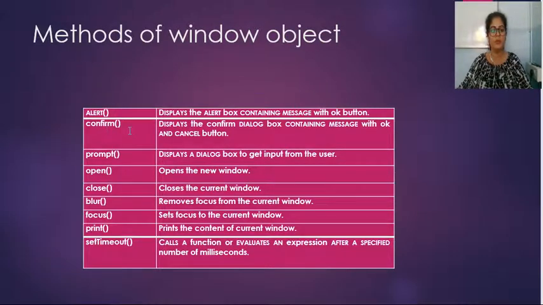Next is confirm. For example, when you type passwords or some important information, it displays a message like are you sure you want to do this, or do you confirm. So it displays the confirm dialog box containing message with OK and cancel button. So in that case you can use confirm.